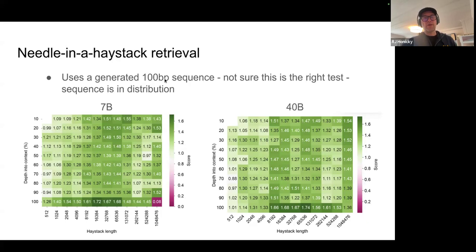I find this questionable because since it's in distribution, of course you're naturally going to have lower likelihood if you perturb the needle, right? Does that make sense?